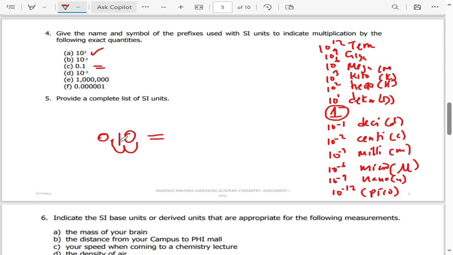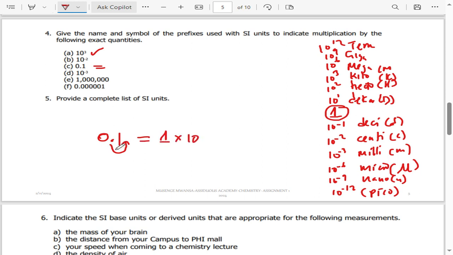So meaning that 0.01 is actually the same as 10. Okay, I'll move the decimal point. Let me just move it once, because that's how you write numbers in standard form. So I'm going to move the decimal point once. It comes here. So it becomes 1 times 10.